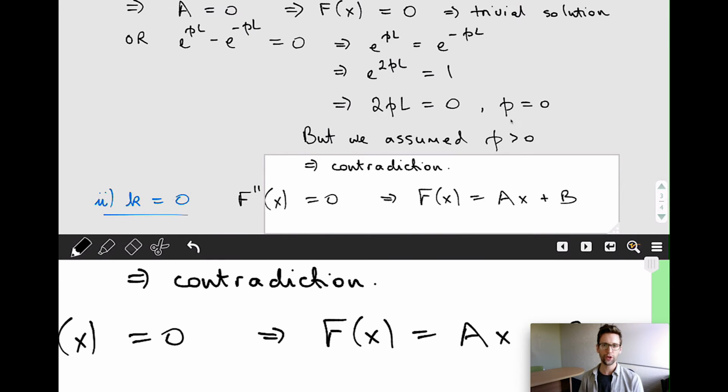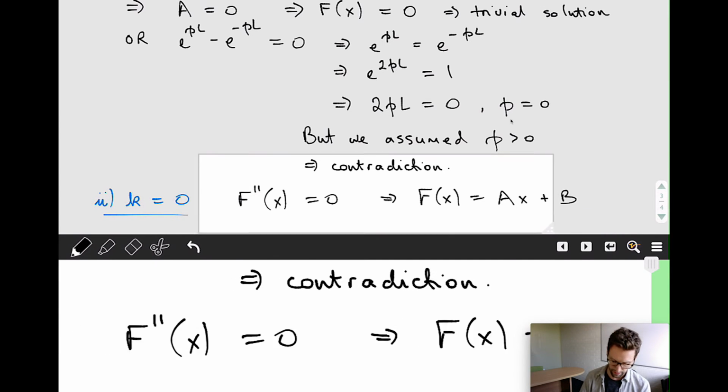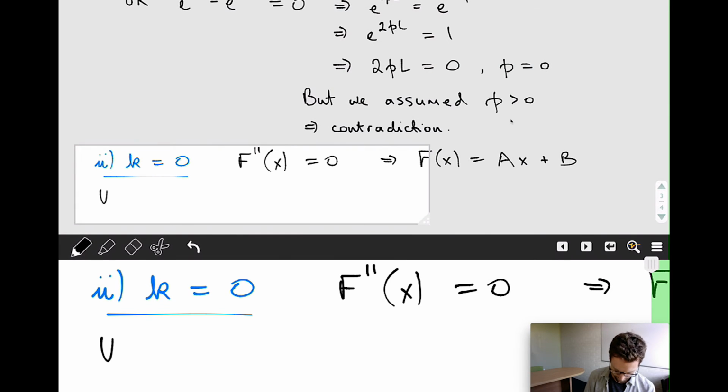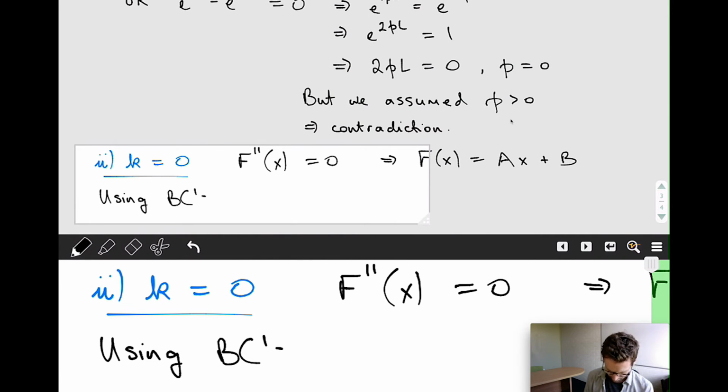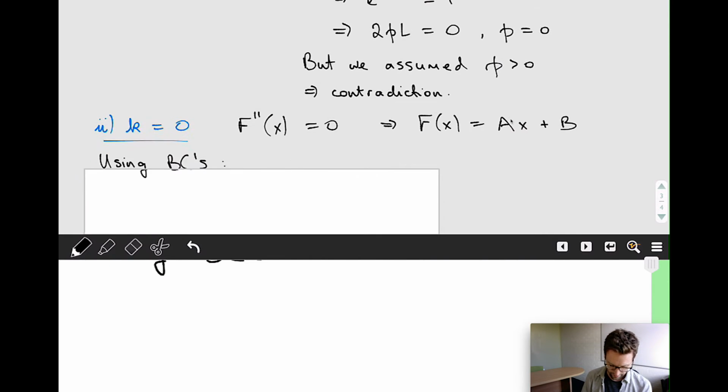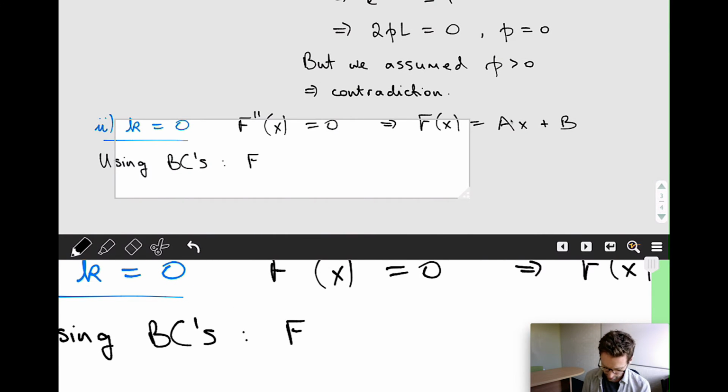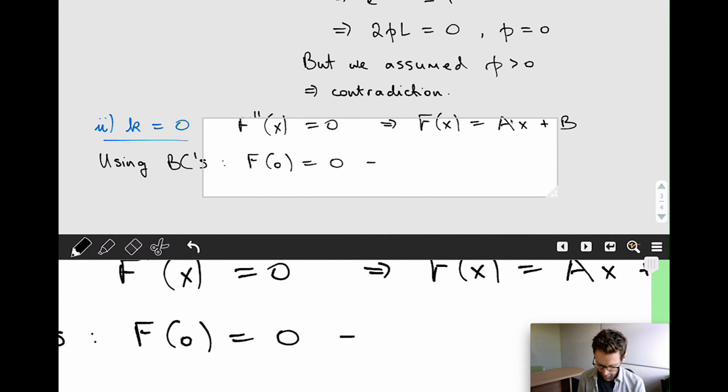Again, I've got two unknown constants that I need to fix using my boundary conditions. So at x is equal to 0, f has to be equal to 0. So let's substitute x is equal to 0 into my solution here. I get a times 0 plus b.